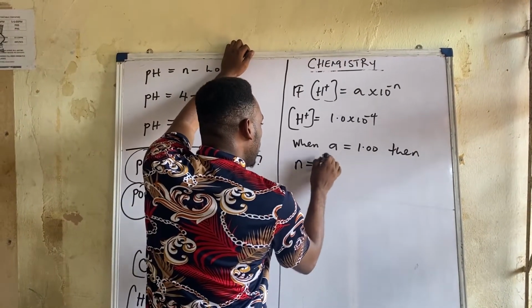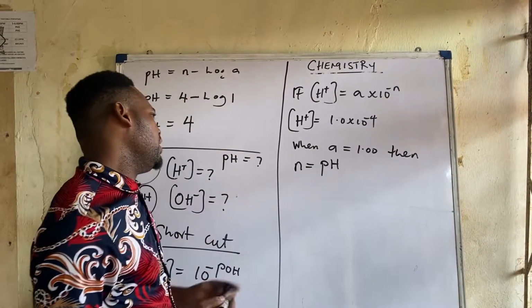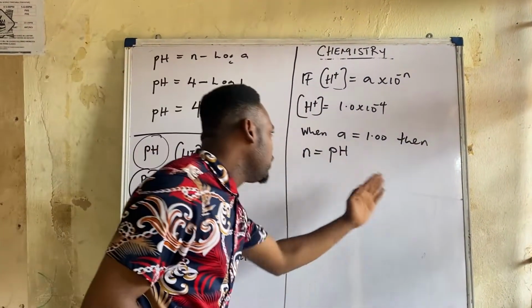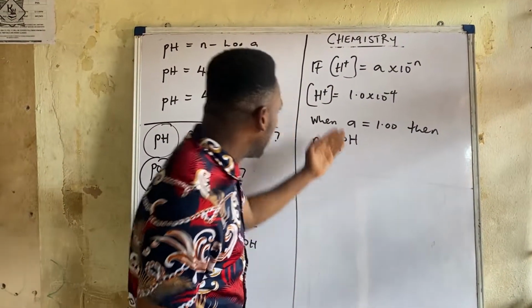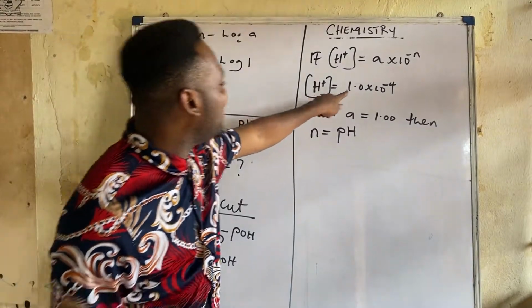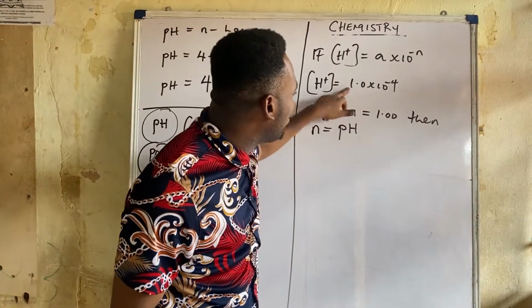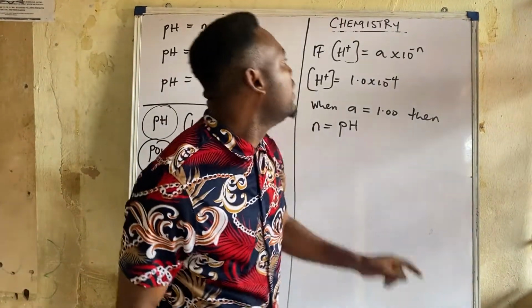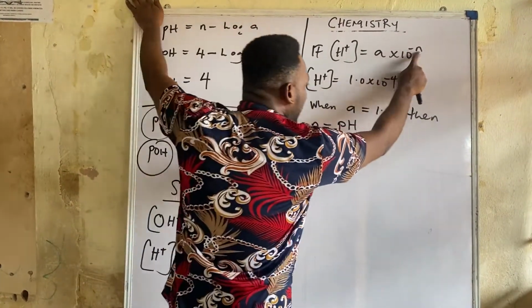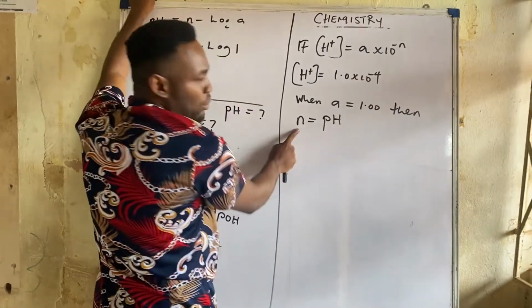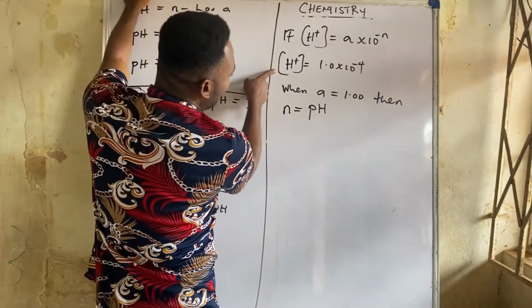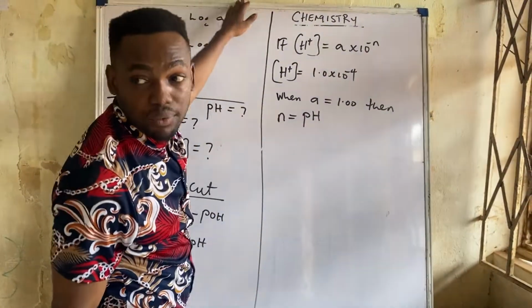N is equal to pH. What does it mean? Once you give me hydrogen ion concentration and I change it to standard form like this, and I find out that the number that corresponds to my A is exactly 1, then whichever number is here is my pH. That's what I wrote here. N is my pH.